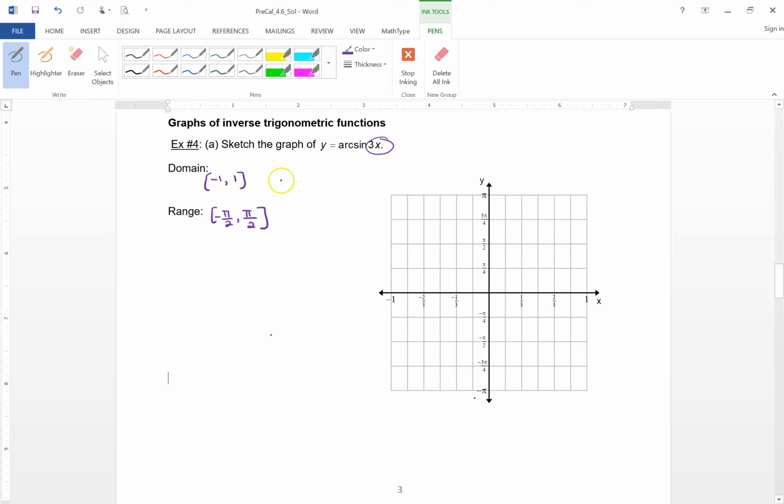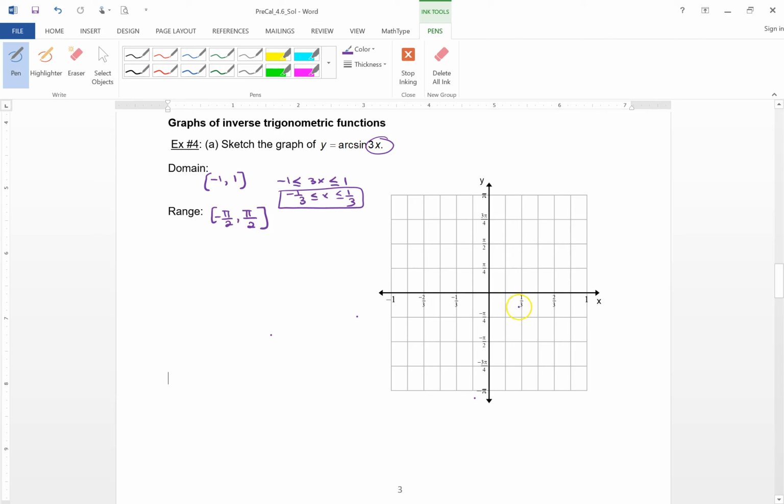What you're going to do is this. Negative 1 less than or equal to 3x less than or equal to 1. We've seen this before, right? So now negative 1 over 3 less than or equal to x less than or equal to 1 over 3 is my new domain. That means my graph is going to go between negative 1 over 3 to 1 over 3.